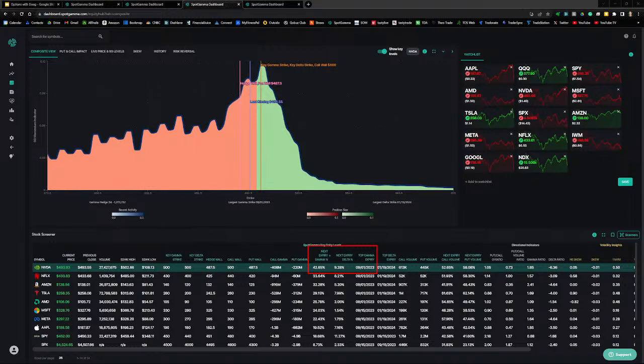When traders buy calls, market makers are short calls, and they have to buy stock to hedge their delta exposure. When their delta exposure drops due to this approaching expiration, the charm effect, those calls start to lose value.